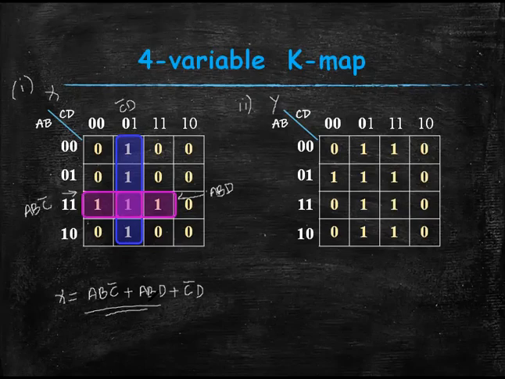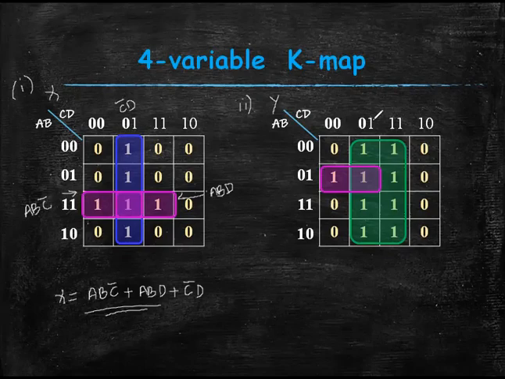In a similar way we evaluate Y. Here we group the ones as an octet and another pair. For the octet, look here: A and B change, and when we move horizontally, C changes.